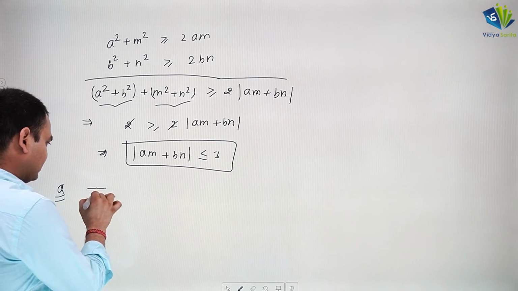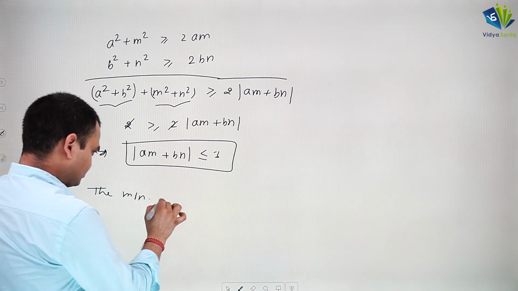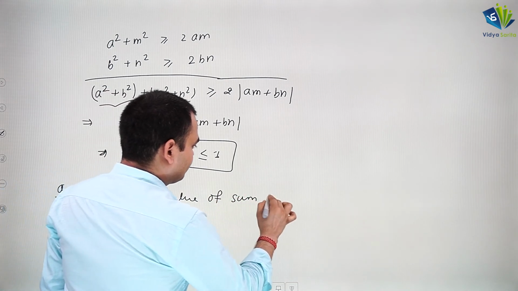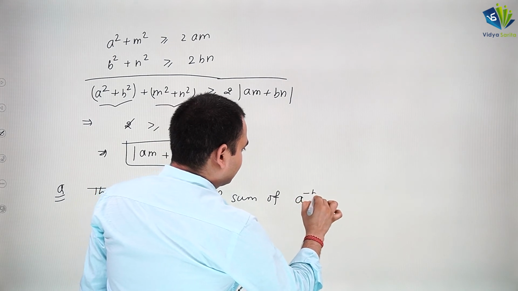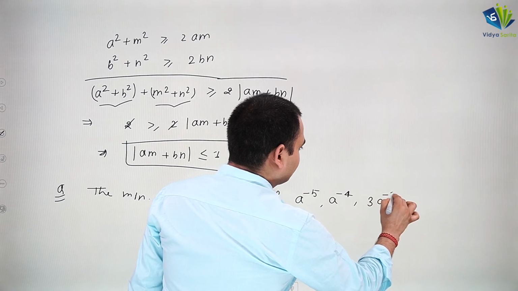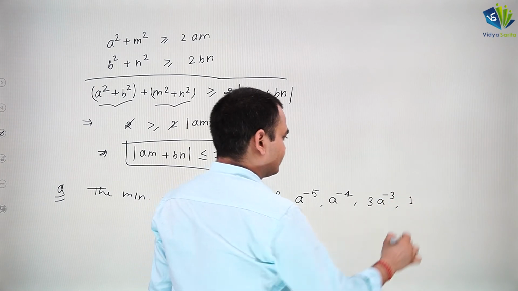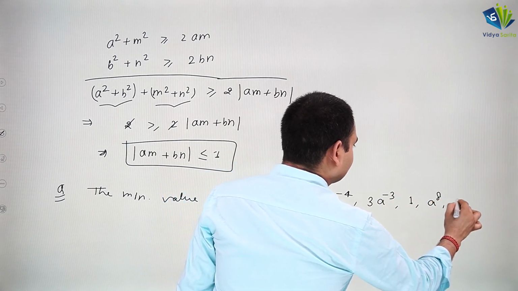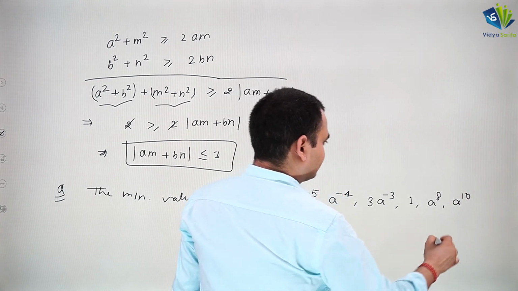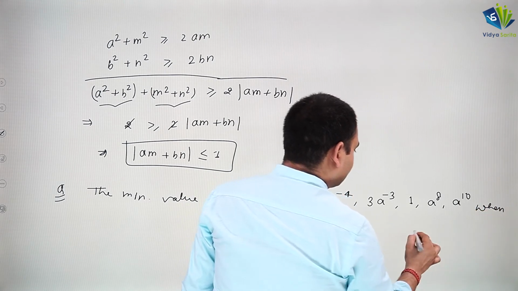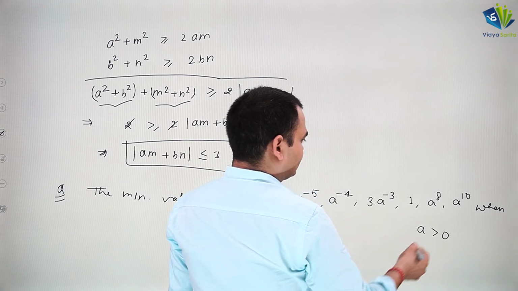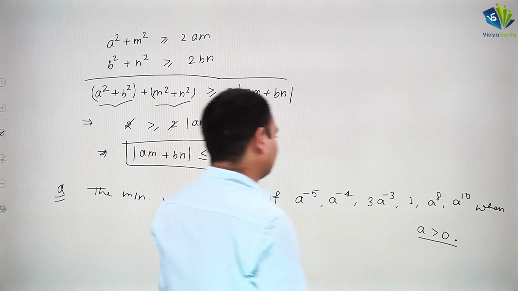They had asked the minimum value of the sum of a to the power minus 5, a to the power minus 4, 3 times a to the power minus 3, 1, a to the power 8 and a to the power 10, when a is greater than 0.